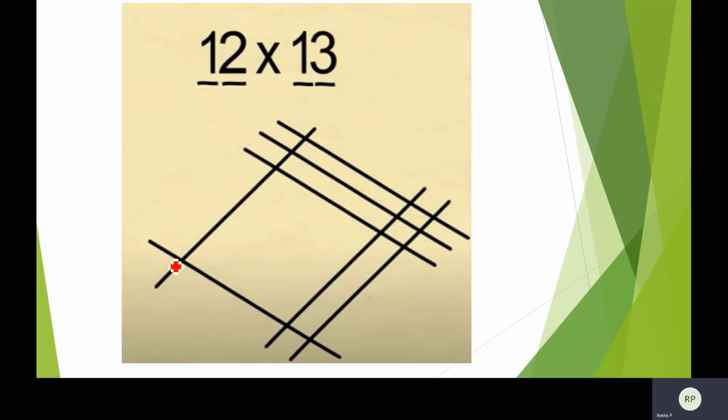Now you have to represent 2, so leave a gap. For a two-digit number, you leave a gap and then represent the next digit. The next digit is 2, so two lines. This represents the number 12.